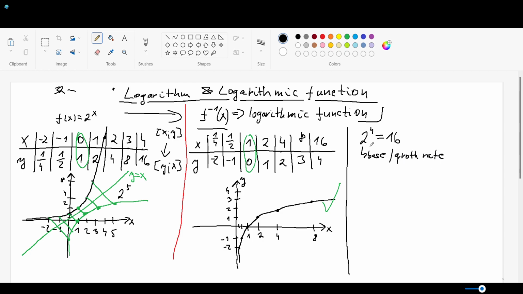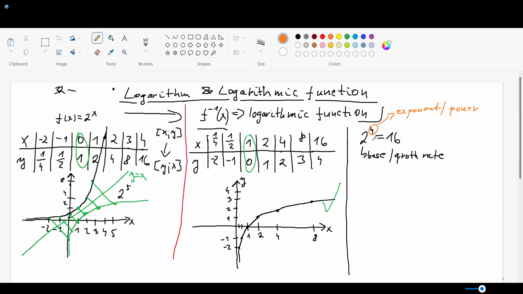It says that we double each time the previous value, and we can calculate the value. If we do so, then we said that number 4 is called the exponent, or if you want, power.